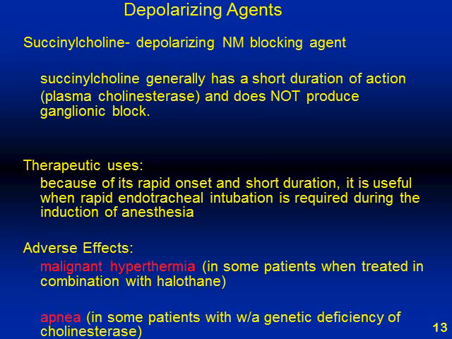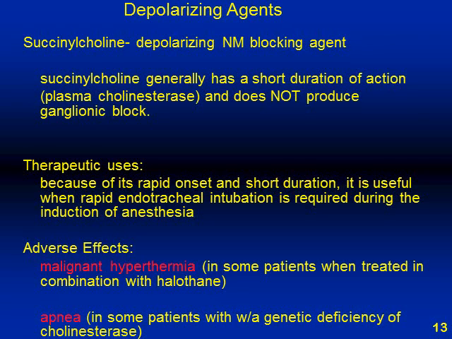This has been found to occur in some patients when given succinylcholine and the anesthetic halothane. So it's a rare but serious adverse effect. It's been mostly observed when halothane was the anesthetic, and it's something that we need to be aware of because it can be life-threatening.